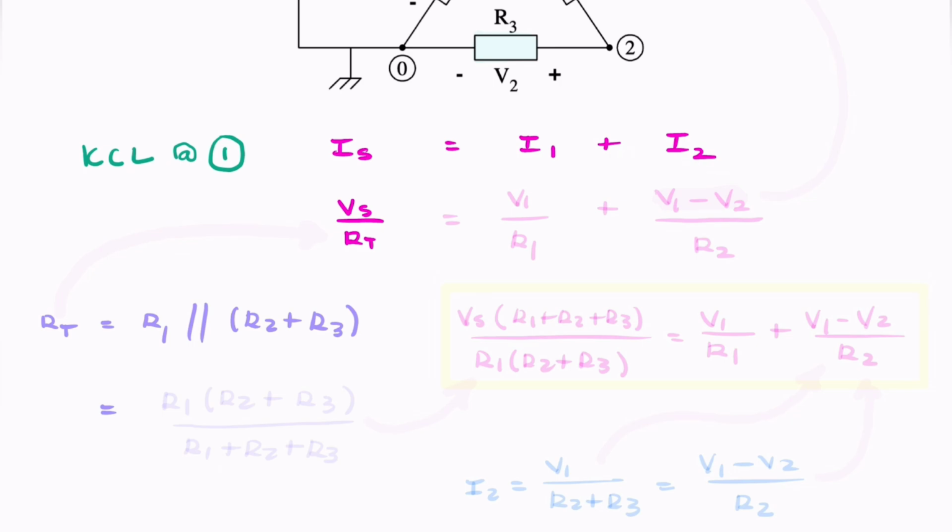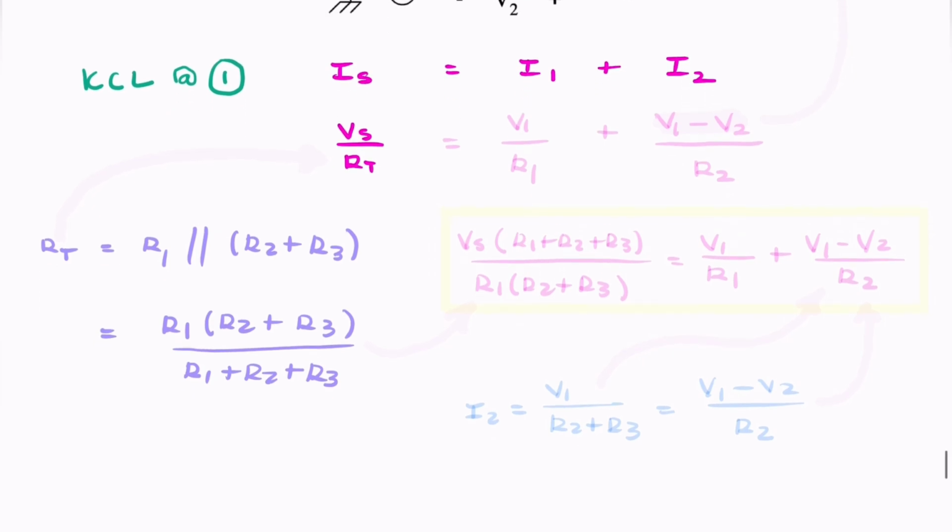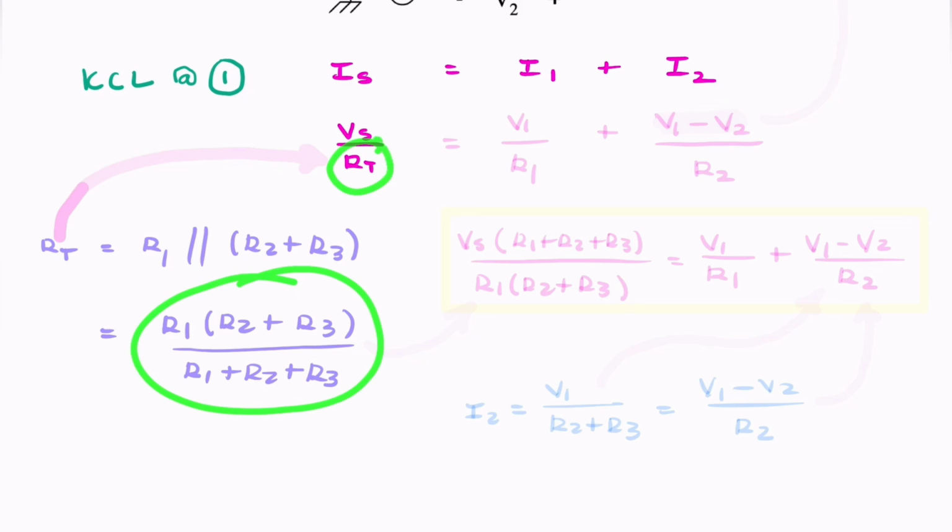So that will give you R1 times (R2 plus R3) divided by (R1 plus R2 plus R3). So that is our total resistance, and that goes straight into there.